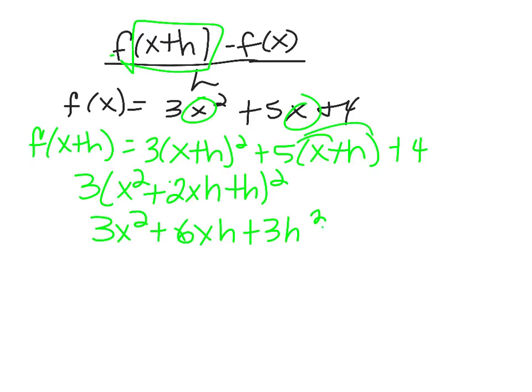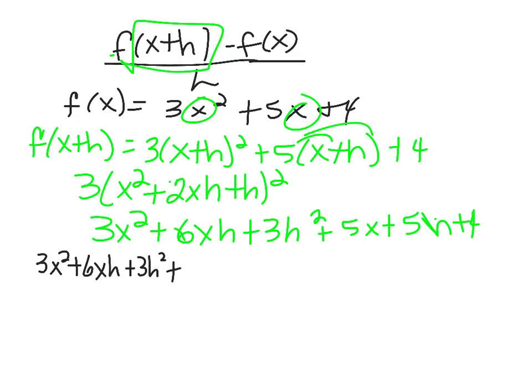Distribute the 5, plus 5x plus 5h plus 4. Okay, so I have 3x squared plus 6xh plus 3h squared plus 5x plus 5h plus 4. That was the first part here.